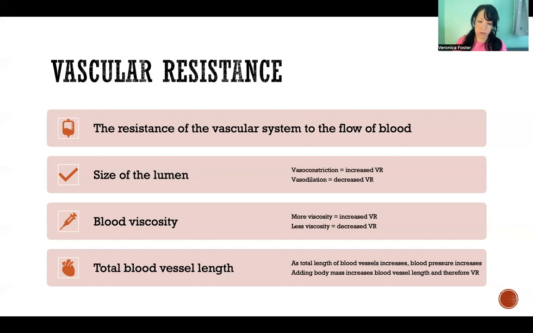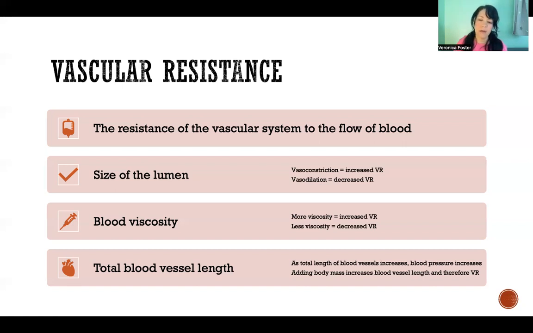Total blood vessel length. So the more length of blood vessels that the blood needs to travel through is going to increase vascular resistance. So what that means is larger body sizes are going to have more miles of blood vessels for the blood to travel through and therefore more vascular resistance.